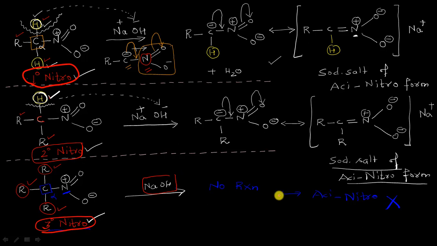And thus the ACI nitro form is not possible starting from a tertiary nitro compound. This whole screen was basically to show you how we can generate the sodium salt of the ACI nitro form from a primary type of nitro compound, and similarly from a secondary type of nitro compound. And let us move further.